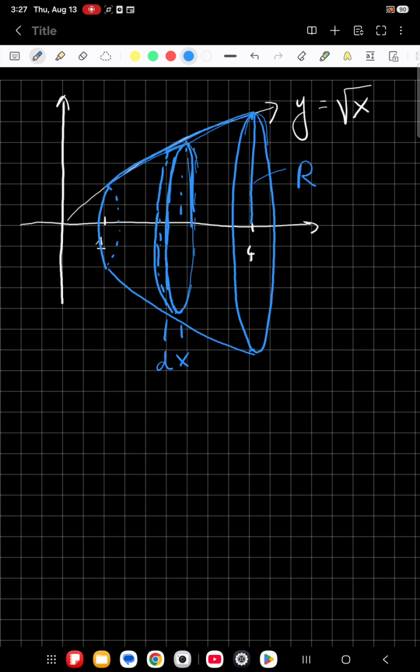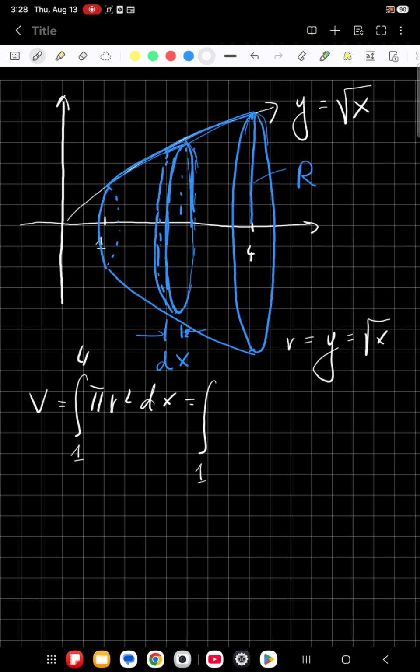And yeah, let's write that formula. Thickness. And the formula looks like this. So that volume is a definite integral from 1 to 4. And then we have that pi r squared, and then dx. Okay, so r squared is that function, or r.